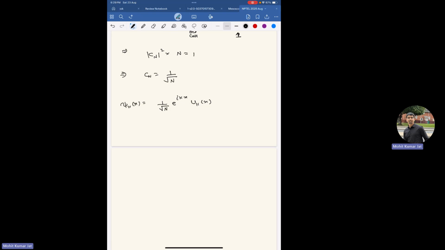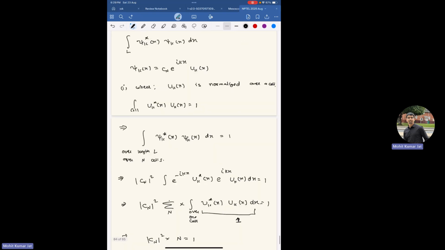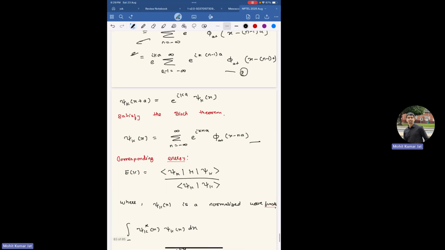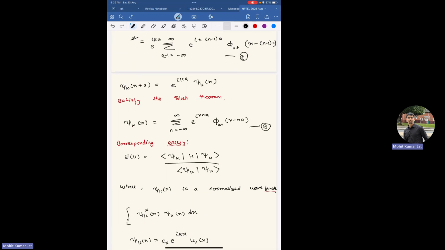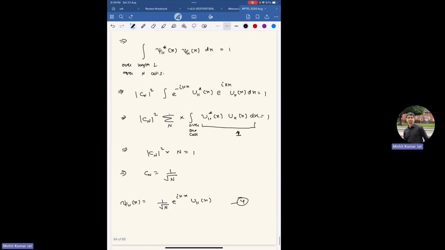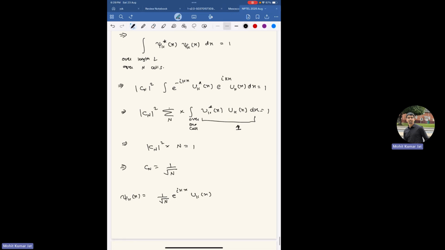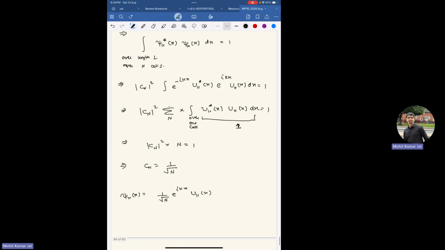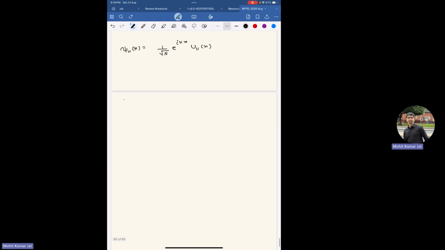Now this is my equation number 3, and this is my equation number 4. So I can compare the equations.